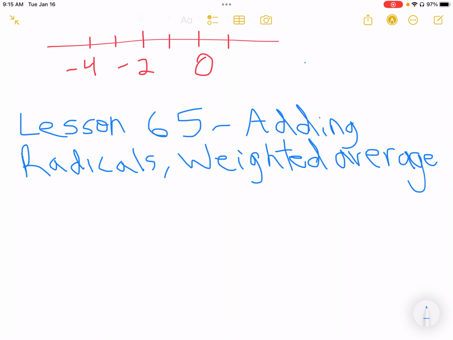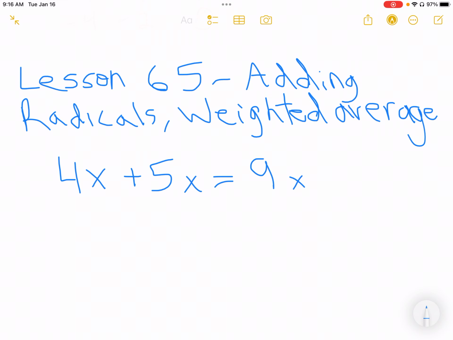If I think about these, let's write something down here. I have 4x plus 5x, and that's going to equal 9x, because I have x's, I can combine those. This leads us to the two rules of radicals.